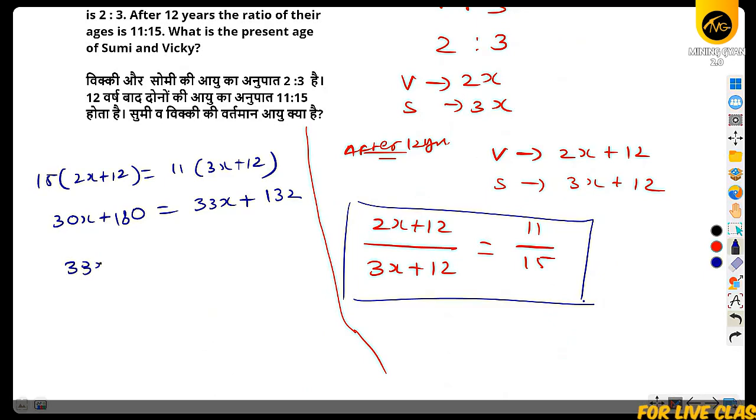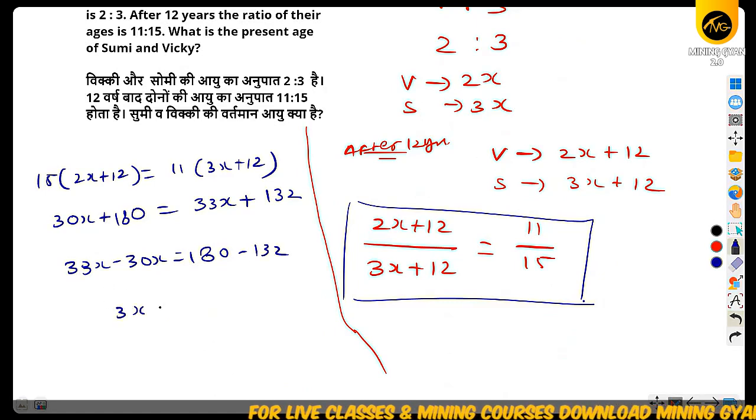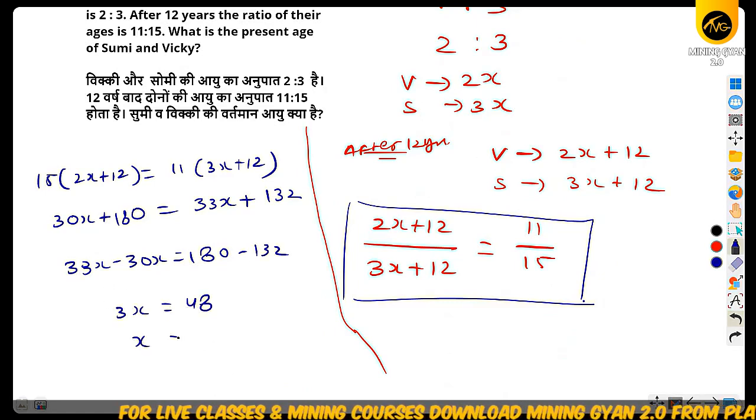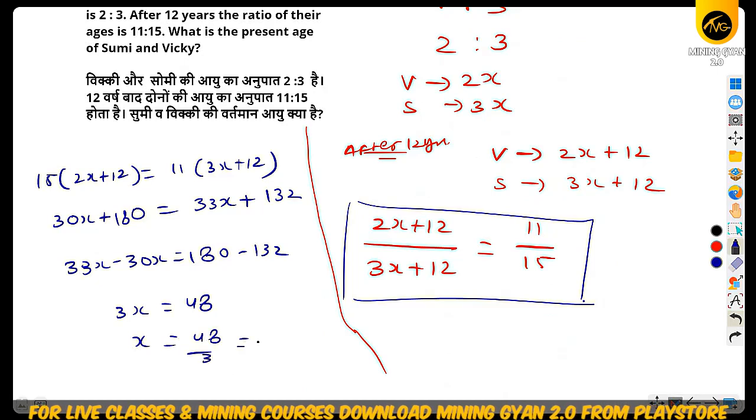Now 33x minus 30x is equal to 180 minus 132. So 3x is equal to 48 and x is equal to 48 divided by 3, that means 16.